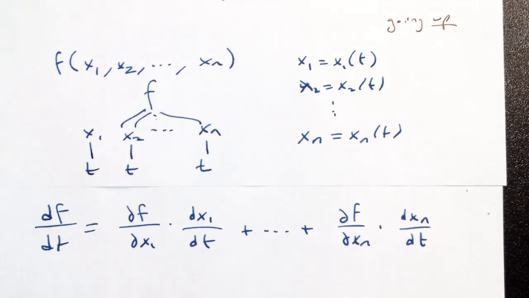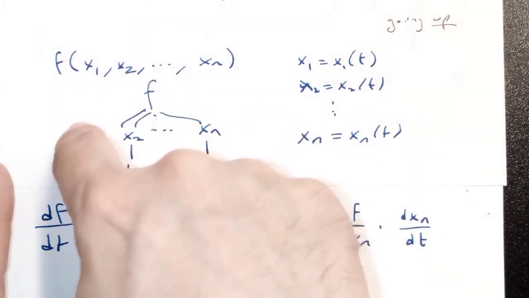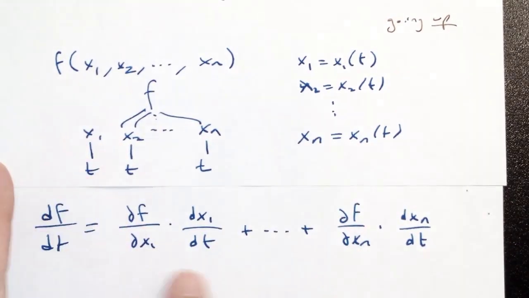And now here's how that helps me. I have to multiply down the branches. And every time I have a branch with more than one thing coming out of the root, I do a partial derivative. And every time I only have one coming out, that's a regular derivative. So I'm going from f to x1, that's a partial. I go from x1 to t, that's a regular.